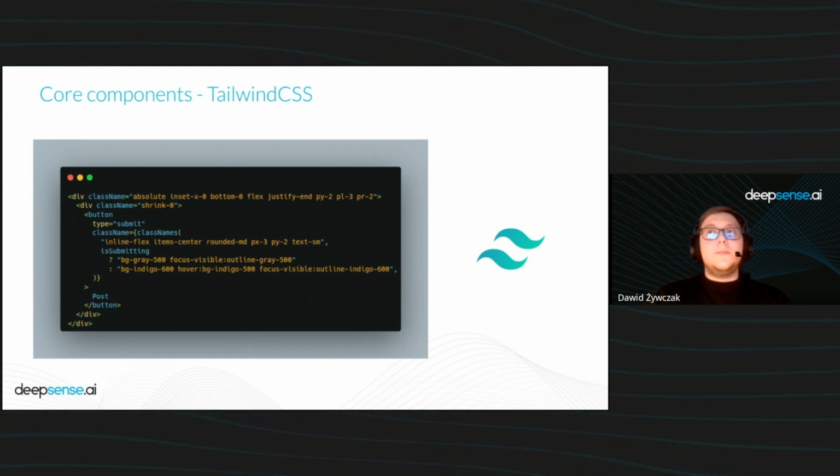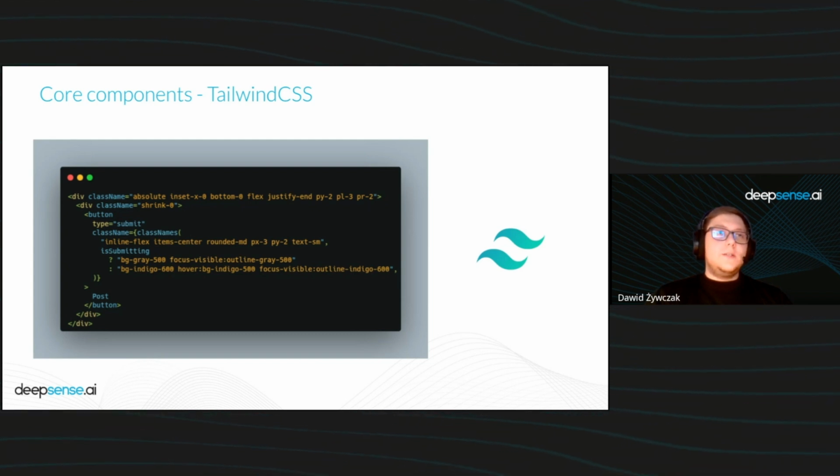Instead of writing custom CSS or relying heavily on predefined component libraries, Tailwind lets developers build unique, responsive designs quickly using composable atomic utility classes. It promotes consistency and reduces CSS bloat by encouraging the reuse of these utilities.